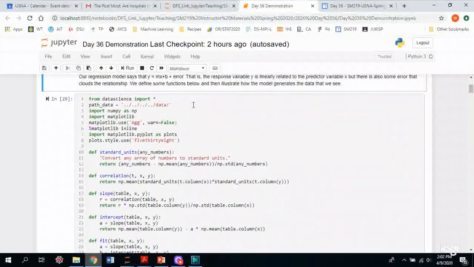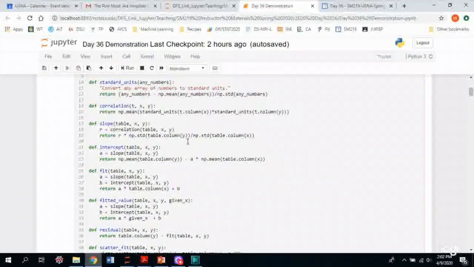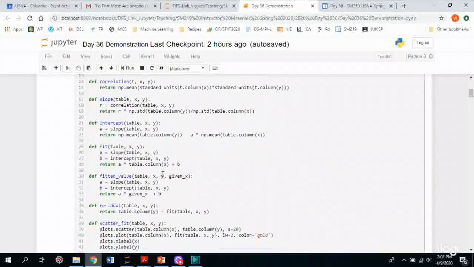What we've got here is importing a whole number of different data science packages, and also defining a whole bunch of functions that you've seen in the textbook: the standard units, converting an array of numbers to standard units, a function to compute the correlation coefficient from a table, and the labels of the columns, the slope, the intercept of the regression lines, a function to provide all the predicted values for y given the x values and the y values in the table.